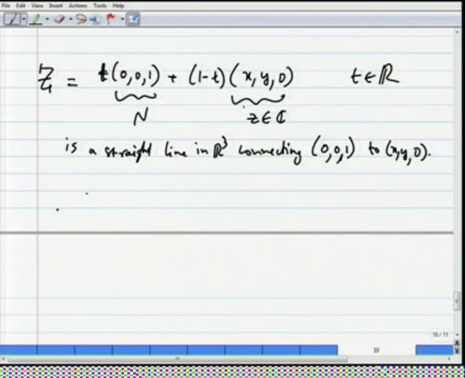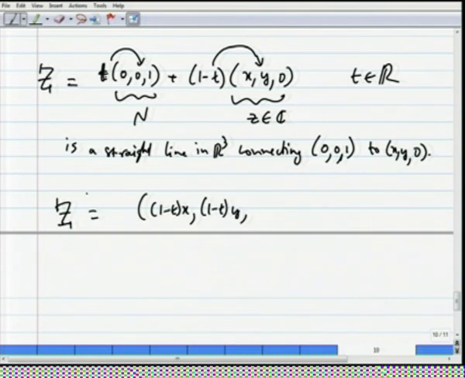Let us look at the x, y, z coordinates of capital Z. Capital Z is t times 0 plus 1 minus t times x, which gives 1 minus t times x; then t times 0 plus 1 minus t times y, which gives 1 minus t times y likewise; and t times 1 plus 1 minus t times 0 gives t.